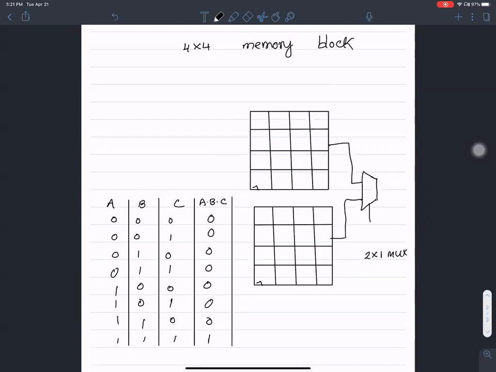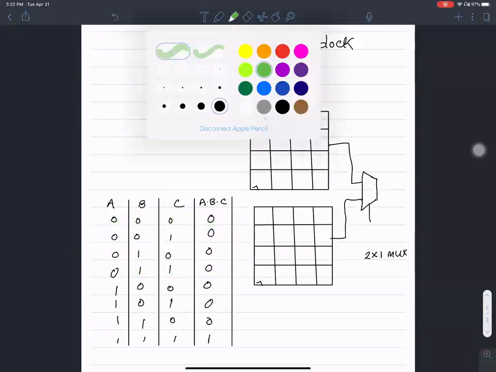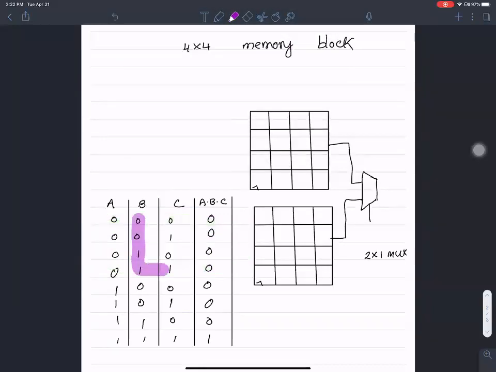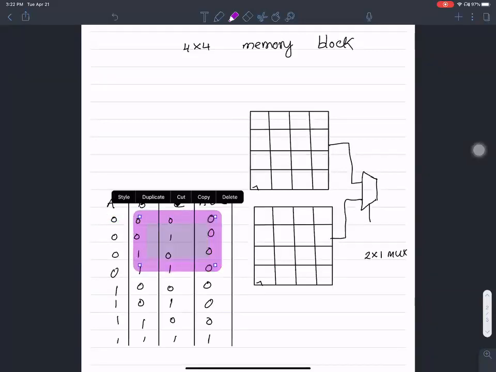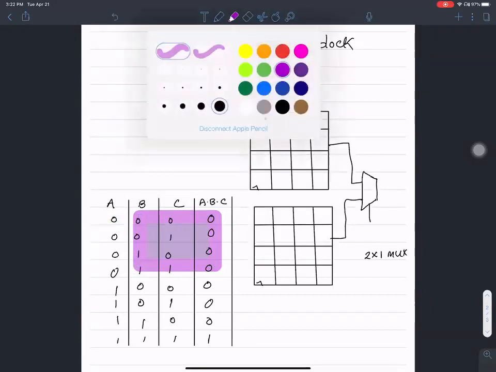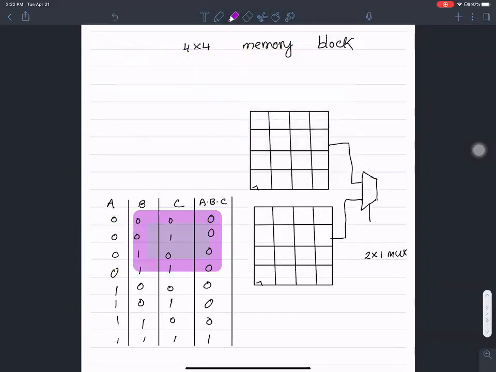So what I'm going to do is break the entirety of this truth table into two blocks, like so. And I'm trying to implement the AND gate. This corresponds to a value of A is 0 here.